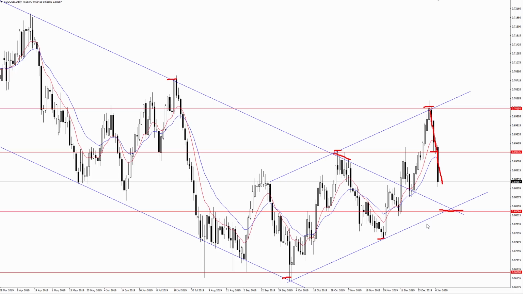So this channel top, this ascending channel bottom, and 68.10 is also a key horizontal level based on this low right here, this low, this high, and these highs through this area. So what does all of this mean? Well, in my opinion, it means two things. One is that this short-term ascending channel and this short-term uptrend is technically still intact as long as this ascending channel bottom is intact. So even though this pullback has been aggressive, this uptrend is still intact.